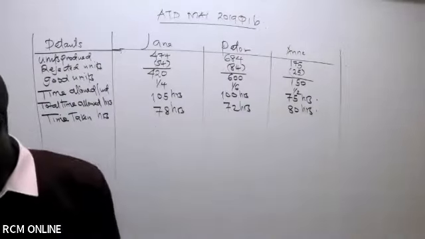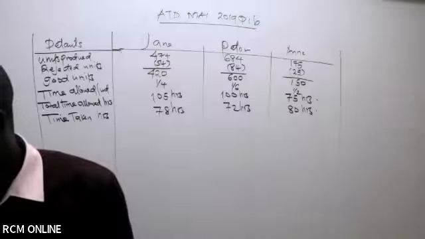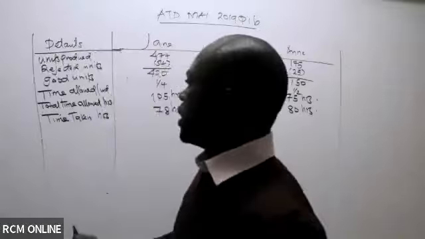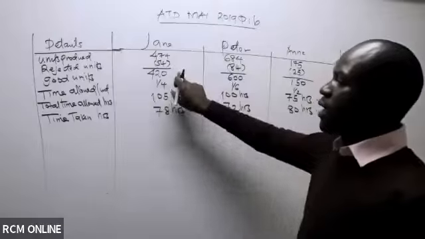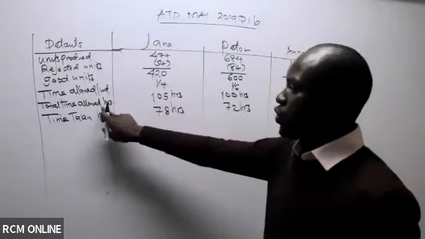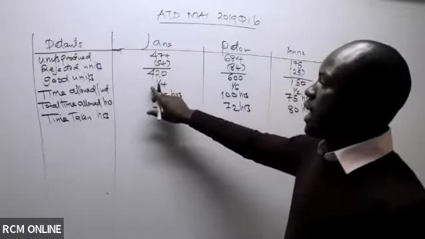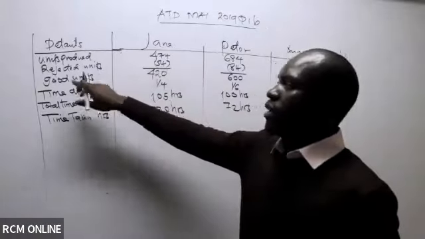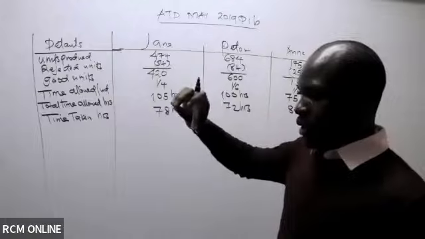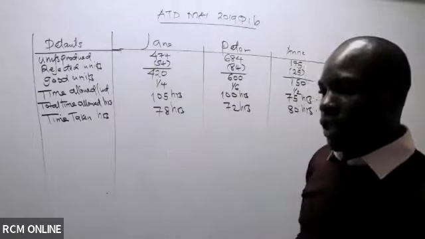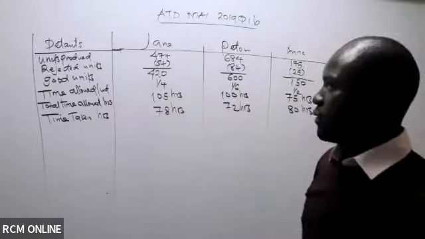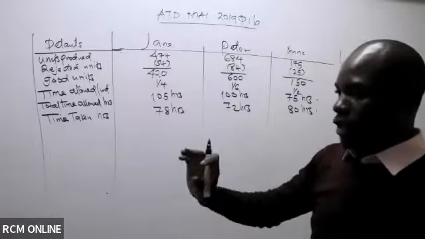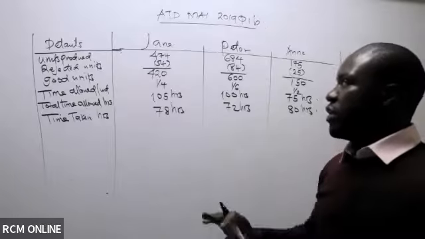There's a question here. Will time allowed include rejected units? No, that's why we did this. Total time allowed is the time allowed per unit multiplied by the good or accepted units. Why are we not taking a quarter of 474? Rejected units will not be compensated.